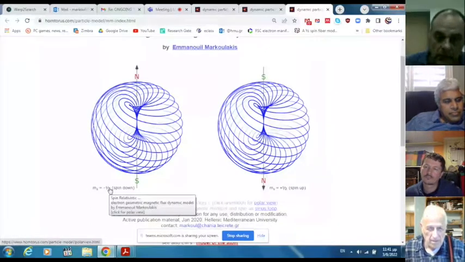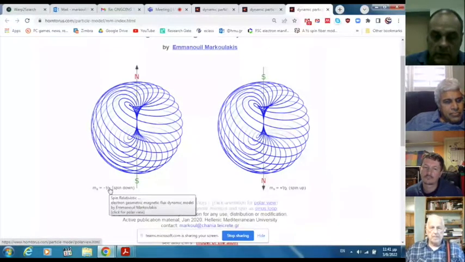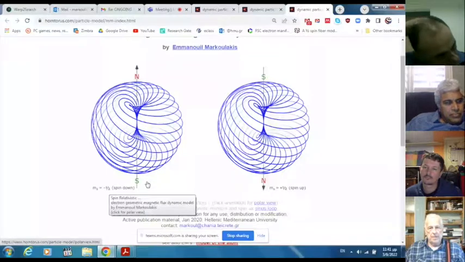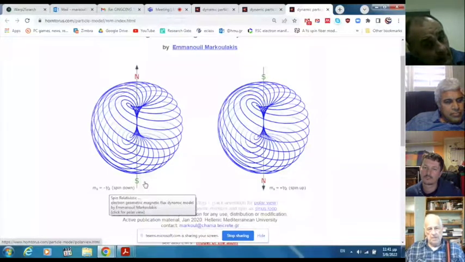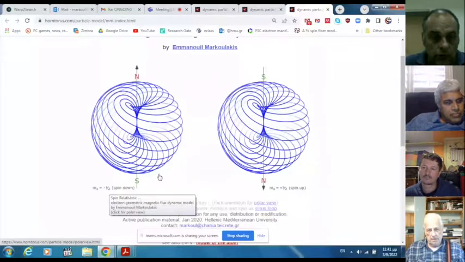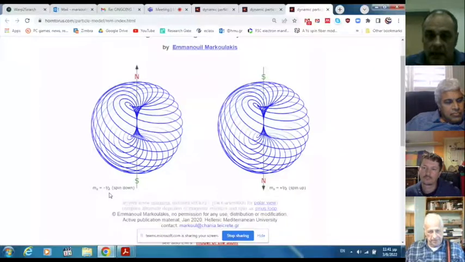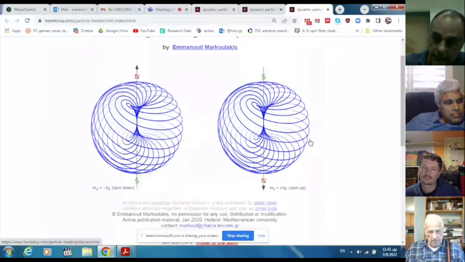So this is a spin down electron, and the theory says that the magnetic moment is anti-parallel, so it's in the other direction. This is a spin down electron, minus one half spin number, and this here is a spin up.